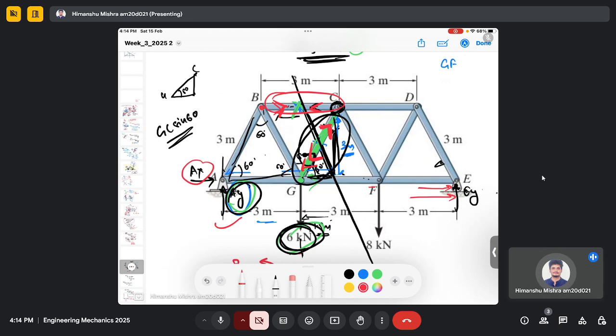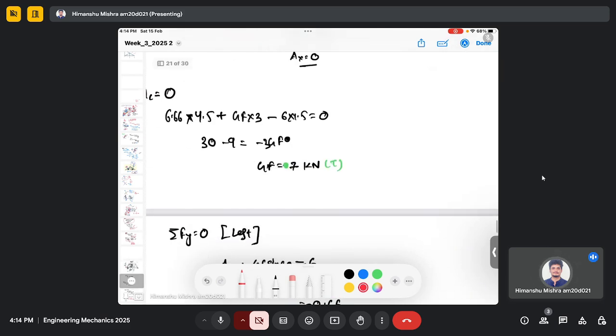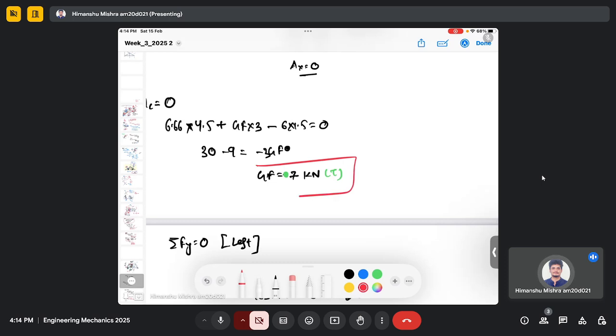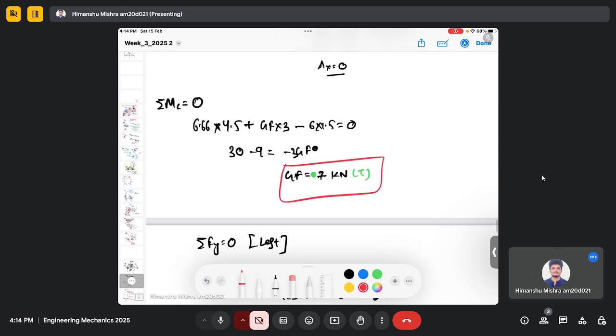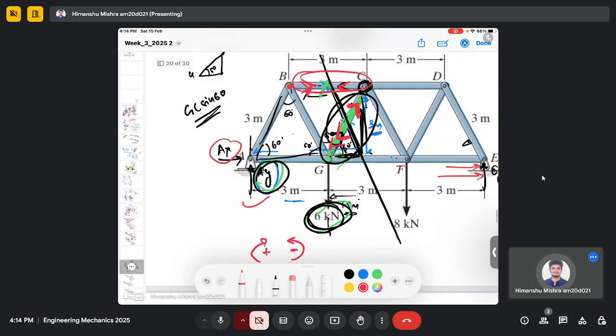So first we choose point C, we take a moment along point C, and we are able to calculate the force in member GF. Then for the remaining unknowns, we do the force balance in the y-axis and the x-axis and equate to 0, and we can get the force in the other members also.